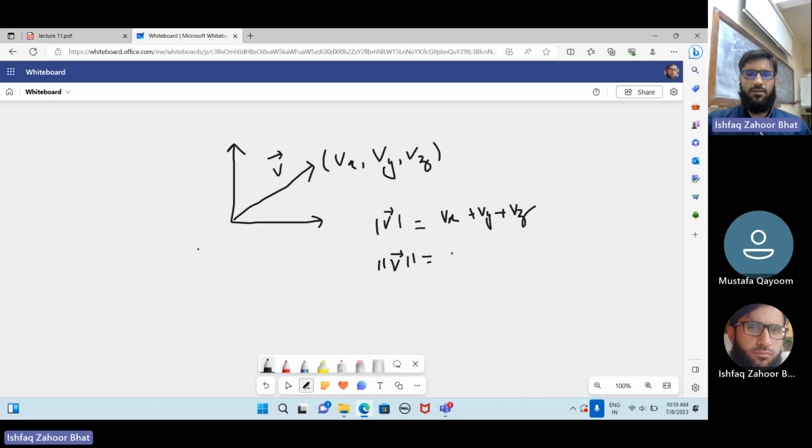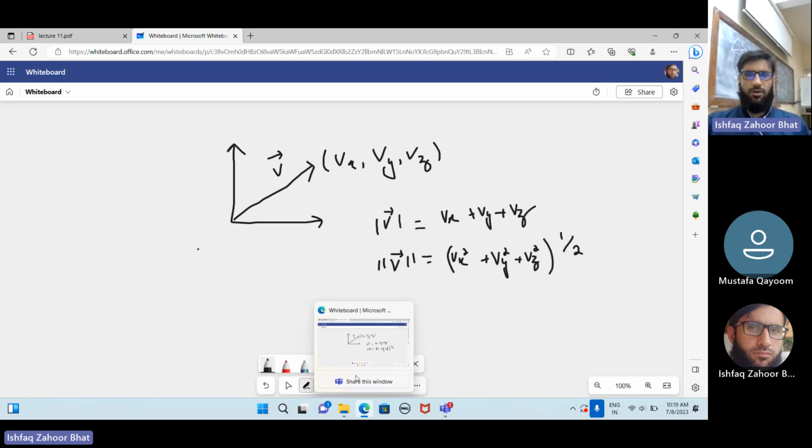And this is nothing but the square root of Vx square plus Vy square plus Vz square. So this is known as the second norm.